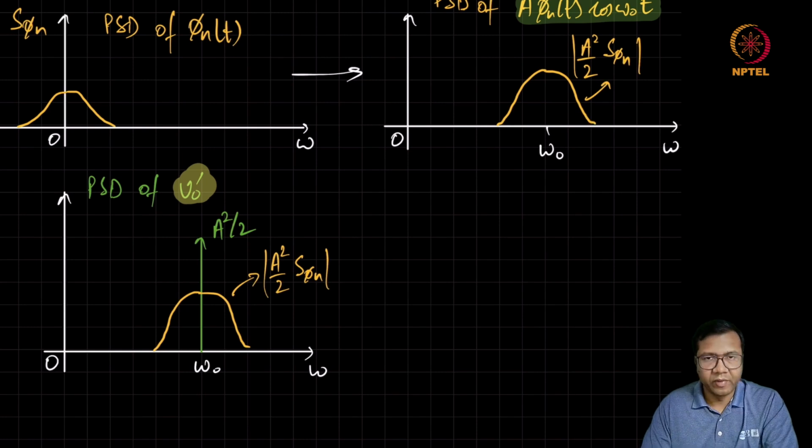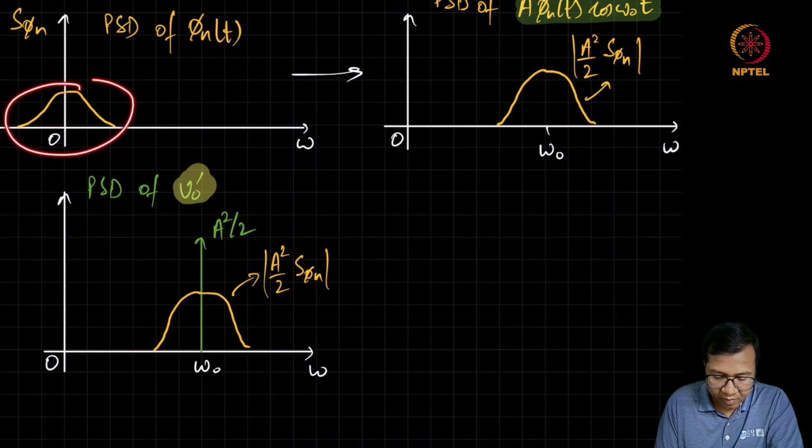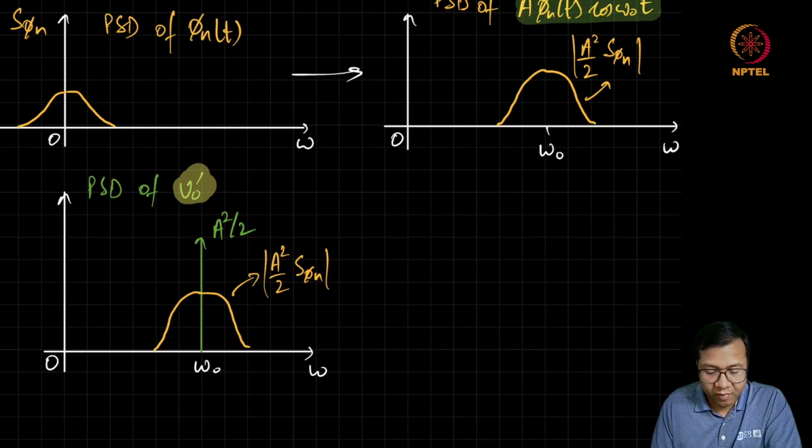Now we can see that if there is a phase noise present in the output of the oscillator, its output is going to have this kind of side skirts because of the PSD of the phase noise. This is what we are going to see in the actual measurement also in the lab.